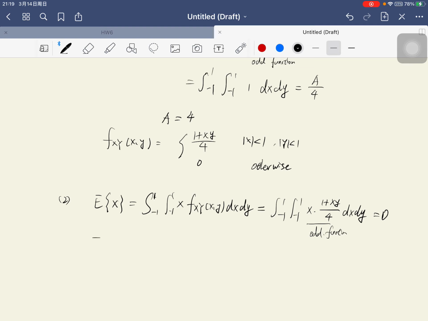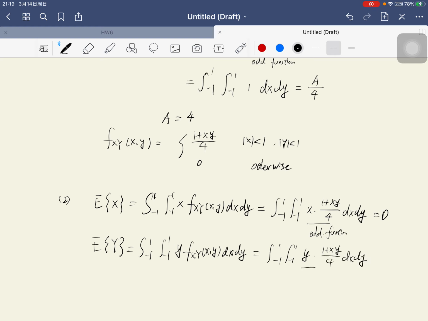The expected value of y is equal to the integral of y times the density function of (X, Y), which is y times 1 plus xy over 4 dx dy. It is also an odd function, so it is equal to 0.